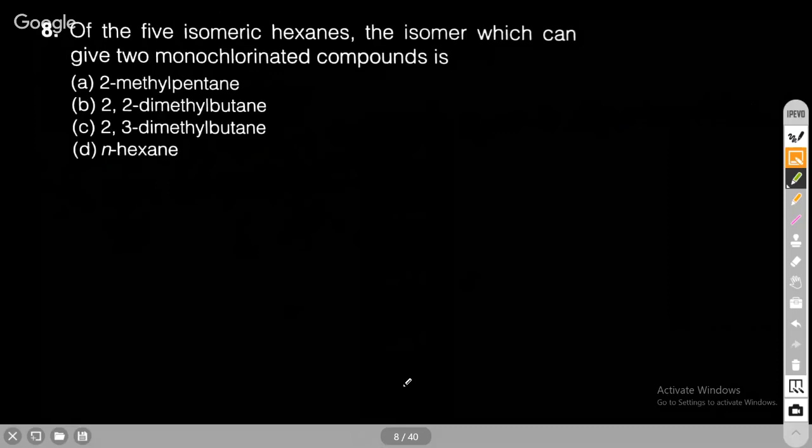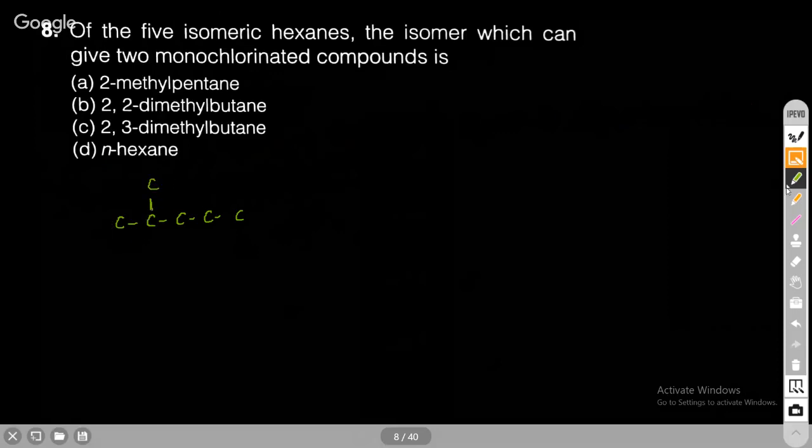Is it 6, 5? Aditya and Vaishnavi are getting 5. 5 is the right answer. You see, 2-methyl pentane. So pentane is this 1, 2, 3, 4, 5, and here we have methyl, right?